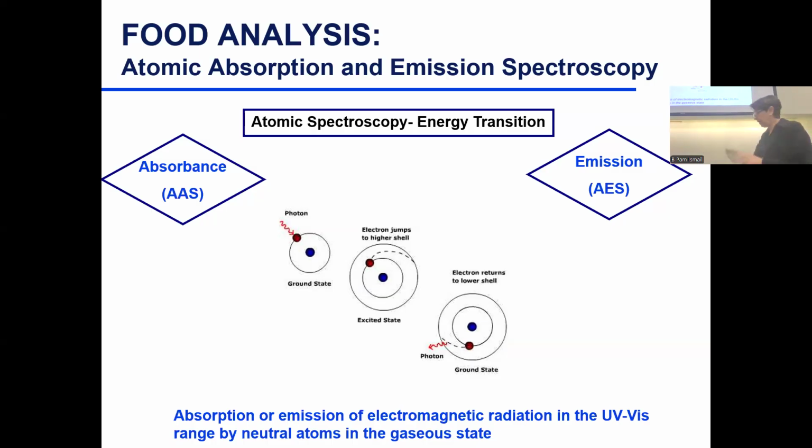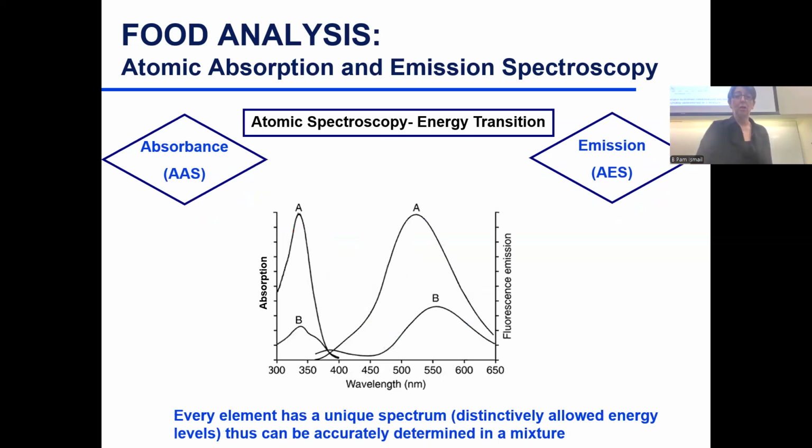So we only measure in the UV and visible range, the absorption and emission, where the electron goes on to a higher shell. So again, in atomic spectroscopy, only electronic energy.